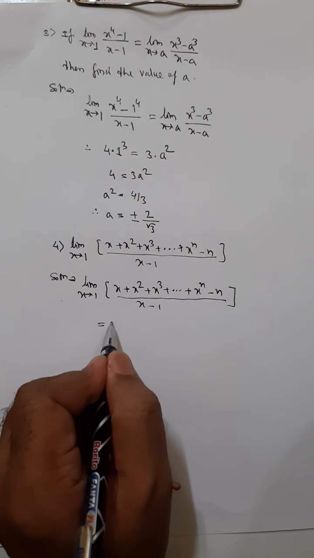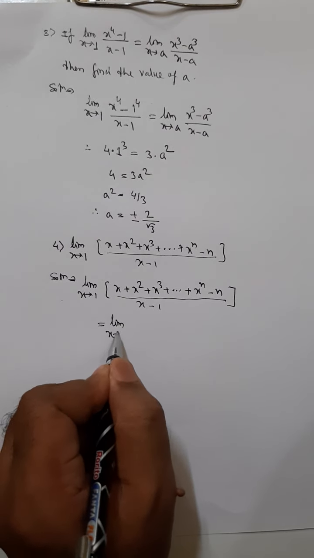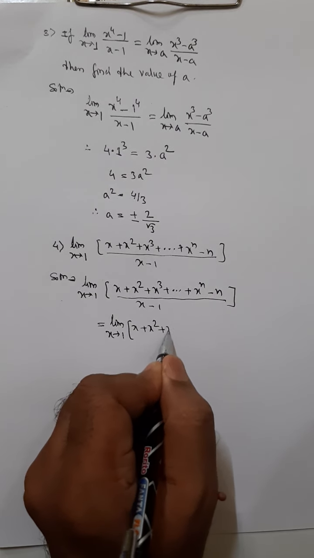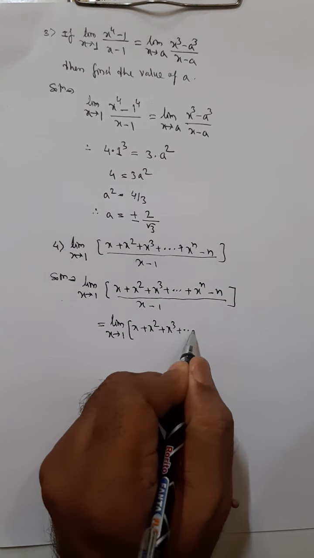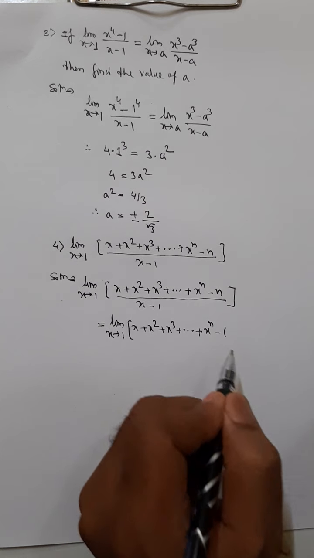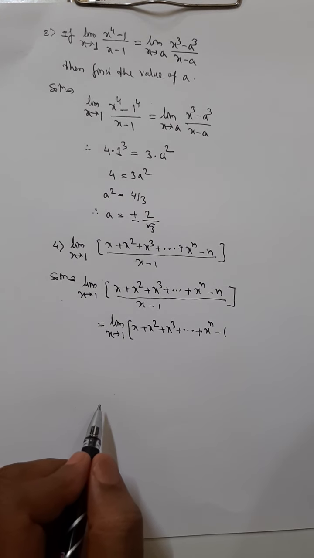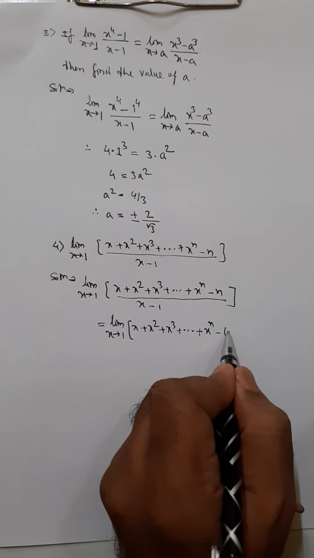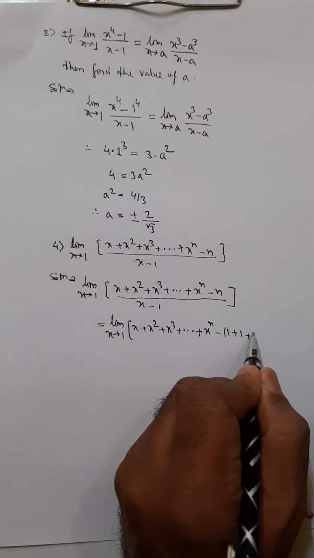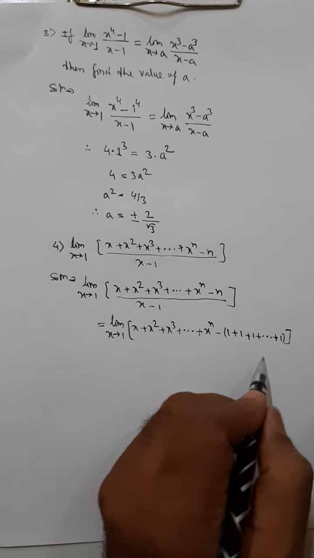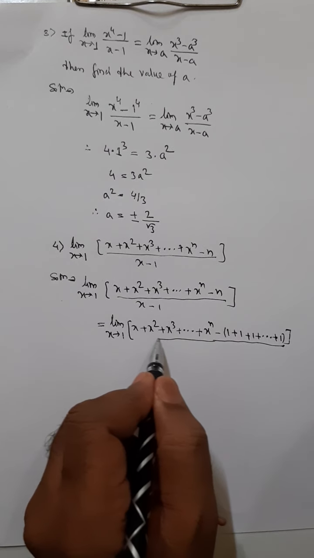We write it as limit as x tends to 1, x plus x square plus x cube plus, continuing, x to the power n, minus, here n means 1 plus 1 continued n times. Note that 5 means we write 1 plus 1 five times, 3 means we write 1 plus 1 three times. So n means we write 1 plus 1 how many times? N times, divided by x minus 1.